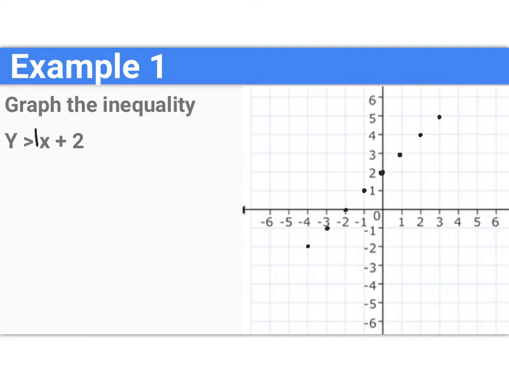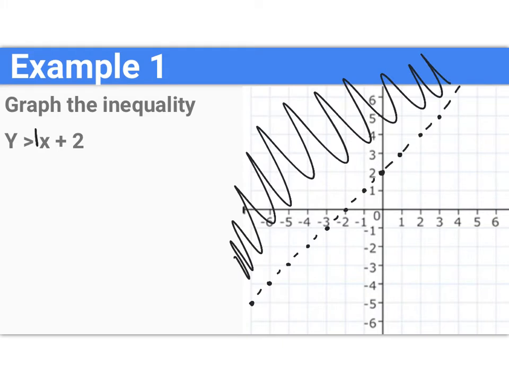And so what does this tell us? That because this is not underlined, it's a dotted line. So that means any point on this line is not a solution, and I'll prove it to you in a second. Because it's greater than, every point above the line works.